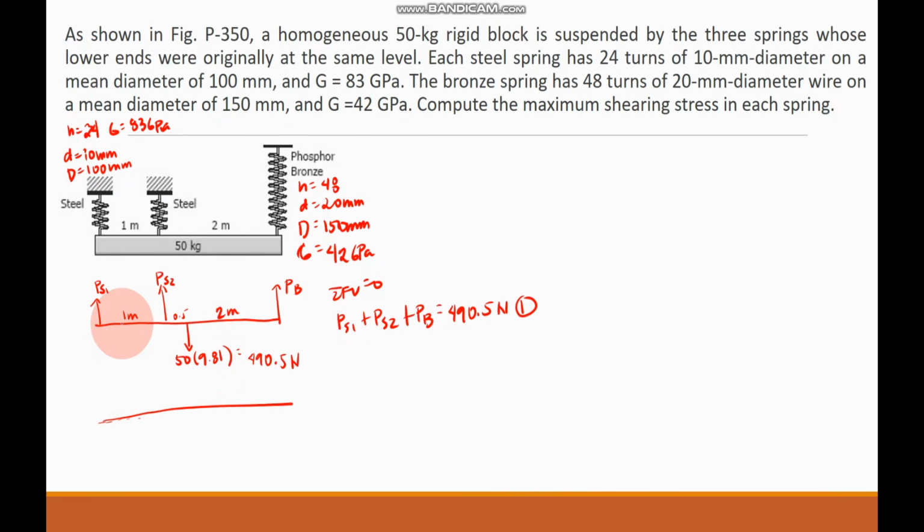And when there is deformation from the helical springs 1, 2, and 3, the deformation will look like this. So this would be the deformation from the steel 1.